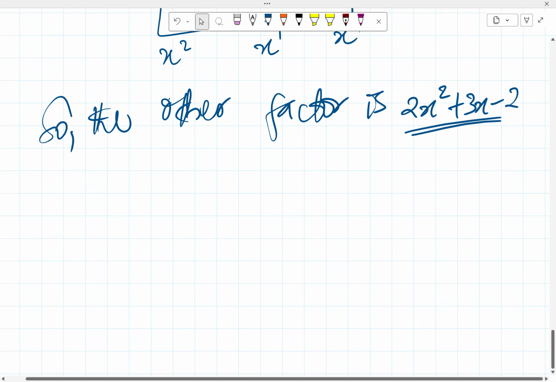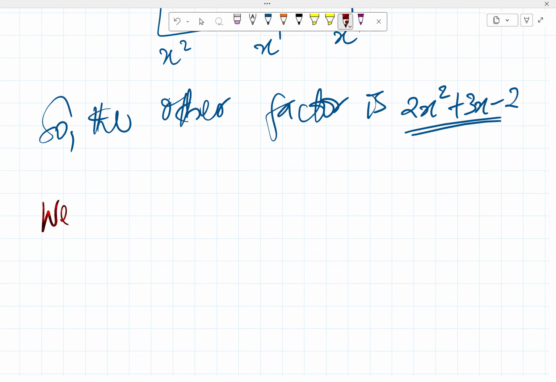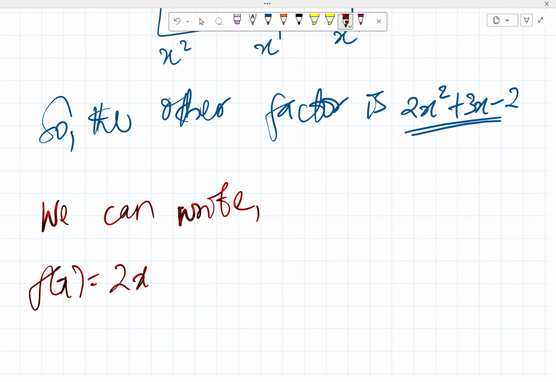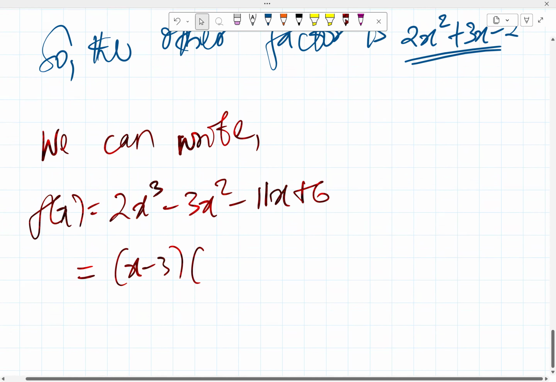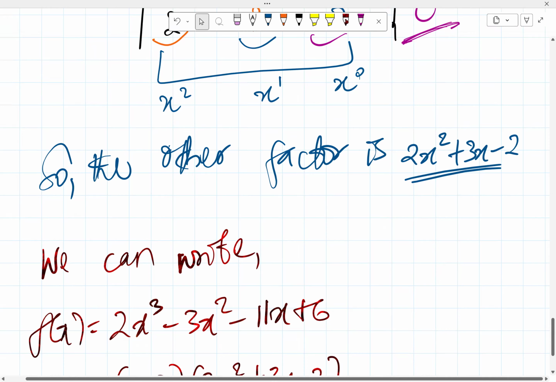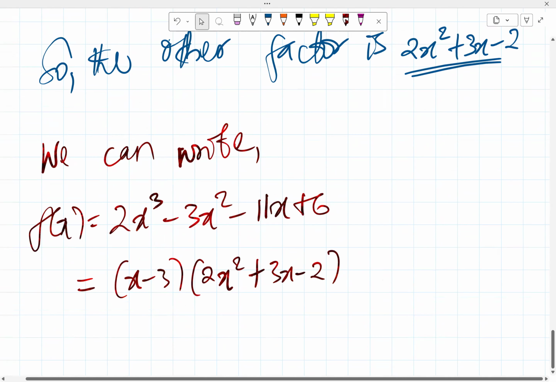To remind yourself, we can write f of x equals 2x cubed minus 3x squared minus 11x plus 6, is equal to x minus 3 into 2x squared plus 3x minus 2. Is that really plus 3 or minus 3? Yeah, it's plus 3. Good.